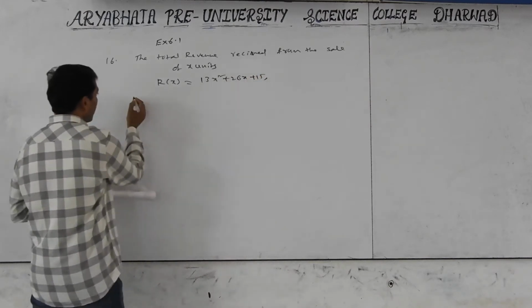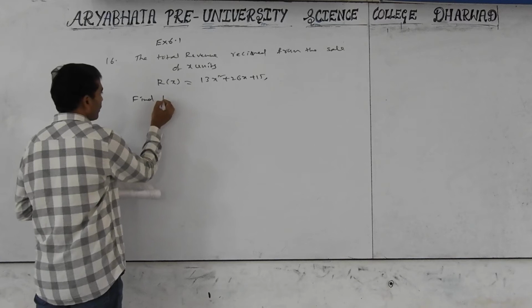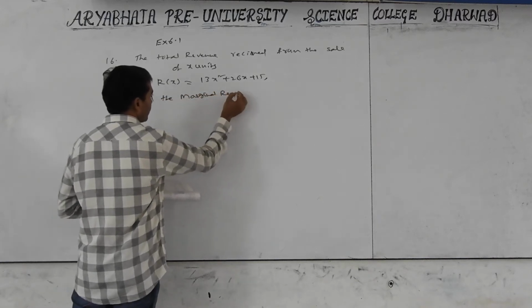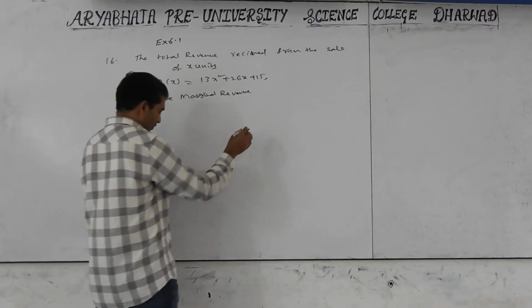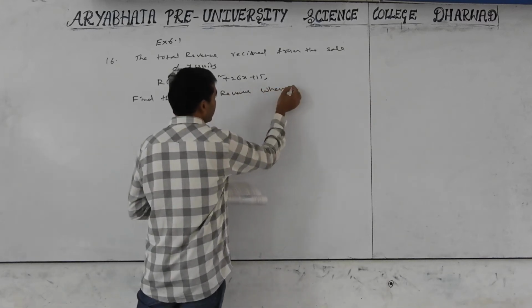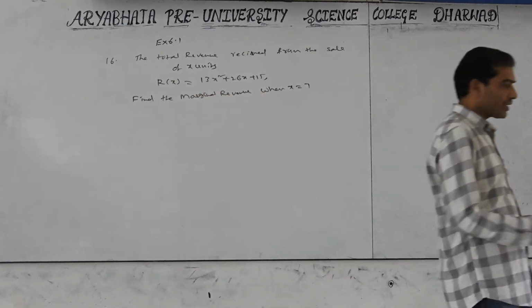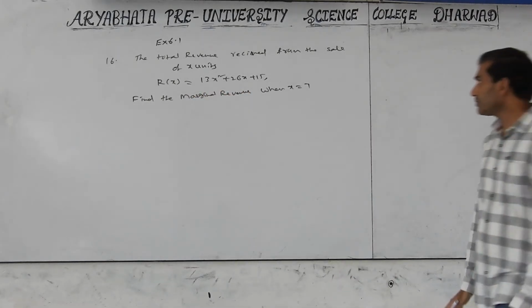Find the marginal revenue when x is equal to 7.